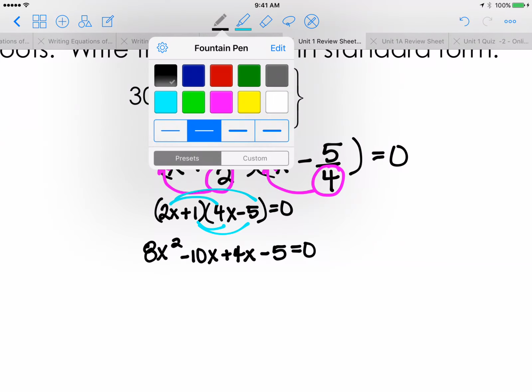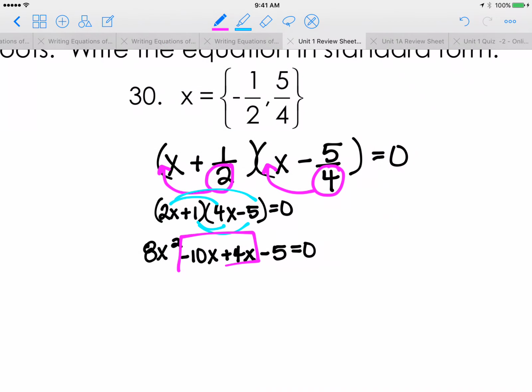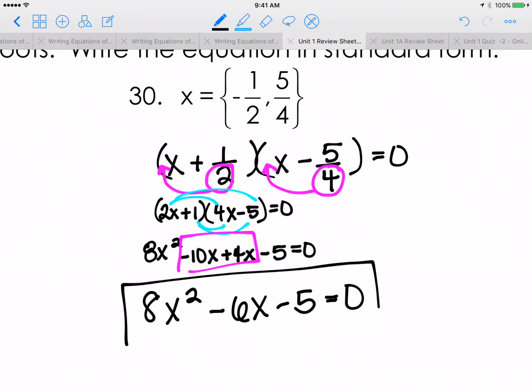And now combine like terms. So we get 8x squared minus 6x minus 5 equals 0. And then that is our answer.